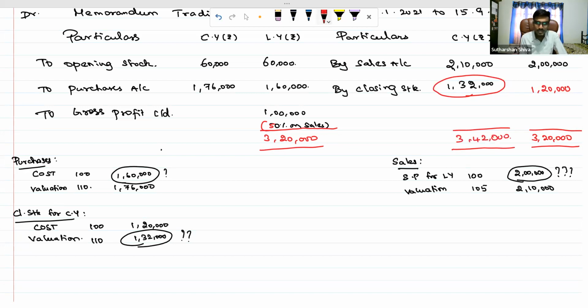Is it right? Now I will put the same here, 3,42,000. So subtract 1,76,000 and 60,000 from 3,42,000. What is the value? 1,06,000 is my balancing figure. Okay, this is going to be the gross profit balancing figure.